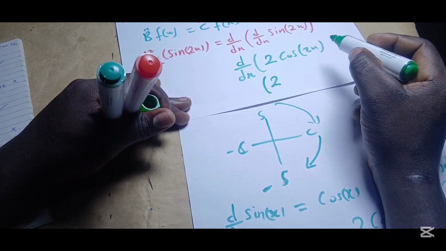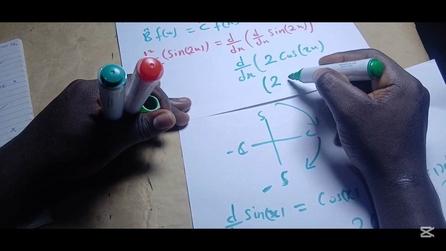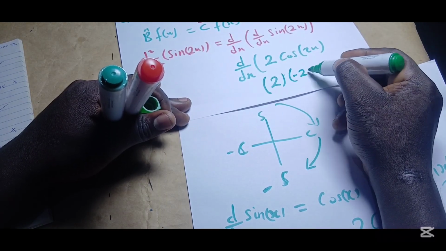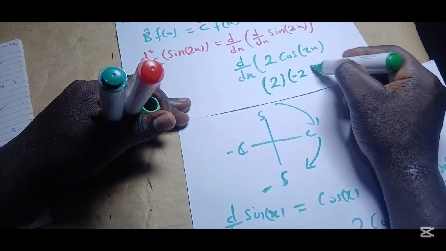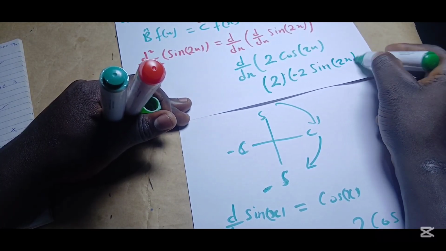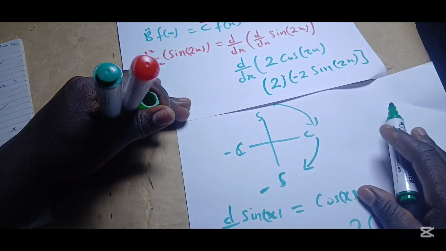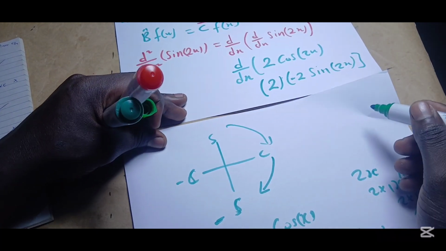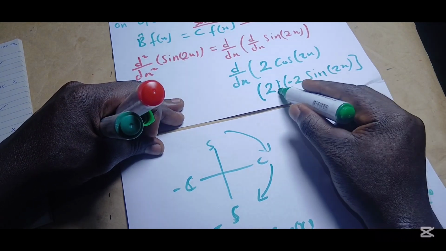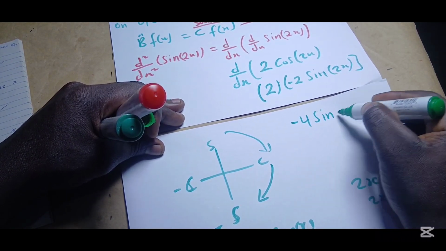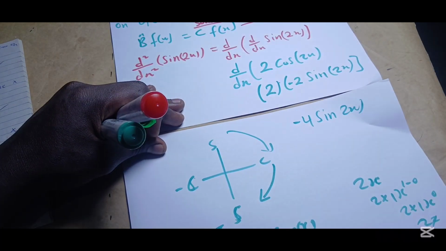Differentiating 2x gives us 2, so we have 2 multiplied by minus 2 sine 2x. Simplifying, 2 multiplied by minus 2 is minus 4 sine 2x.